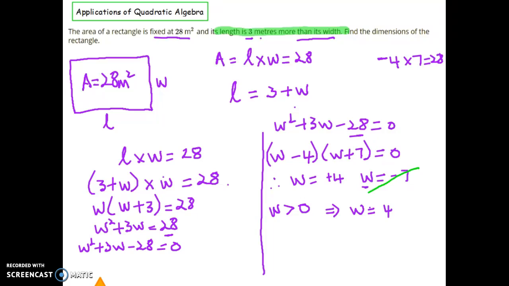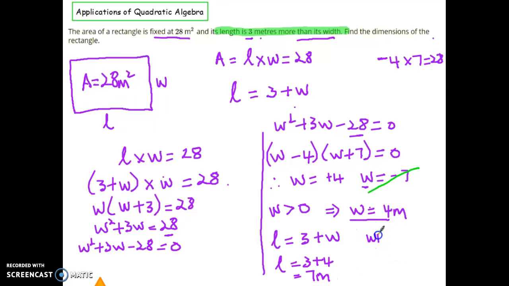Okay, we've nearly finished the question. Go back and check. Find the dimensions of the rectangle. So I know my width is 4 metres, but I also know that the length is 3 more than the width. So the length is 3 plus 4, the length is 7 metres.